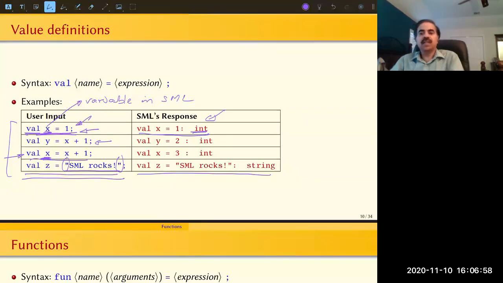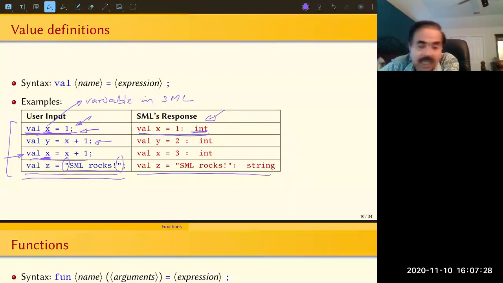So once again, for those of you who have done some programming in Java, one of the things you do is that you have to define the type of every variable before you use it. In standard ML, the variables are like variables in math, and in math you don't say what is the type of a variable, right? And so you basically use the variable, and SML will figure out what its type is.